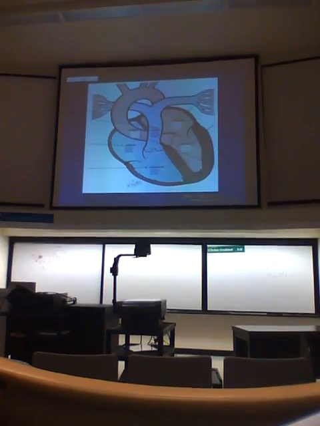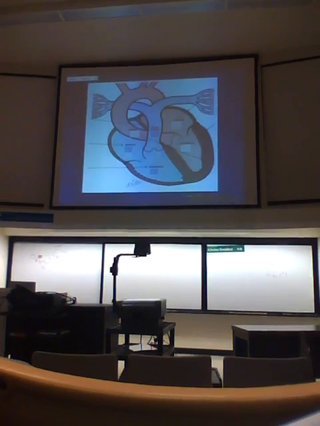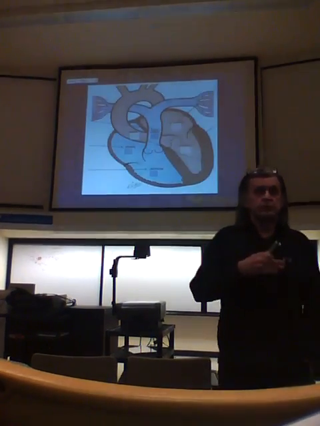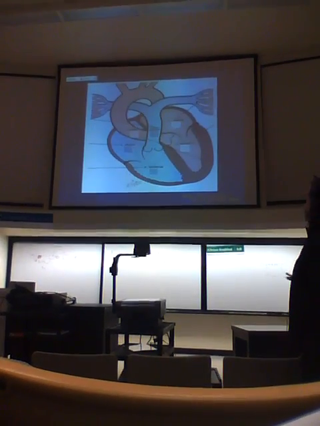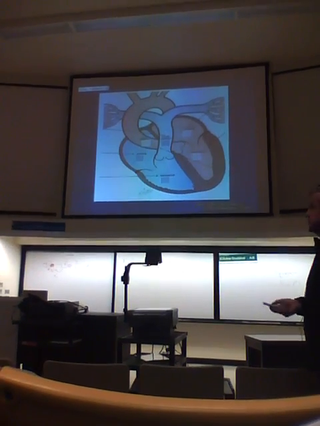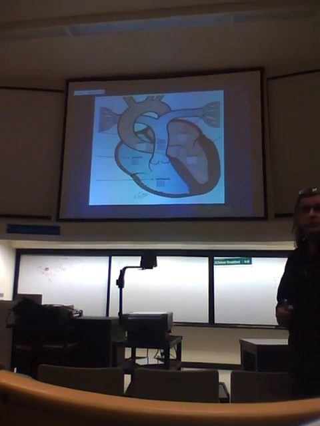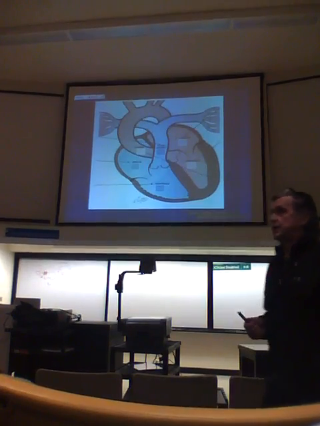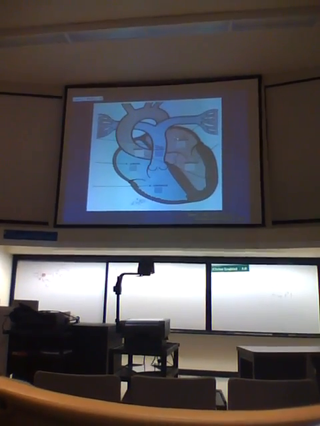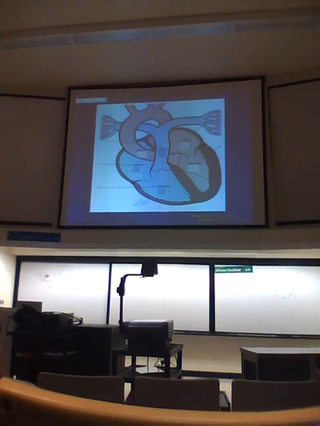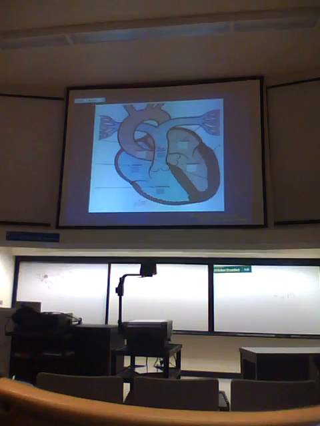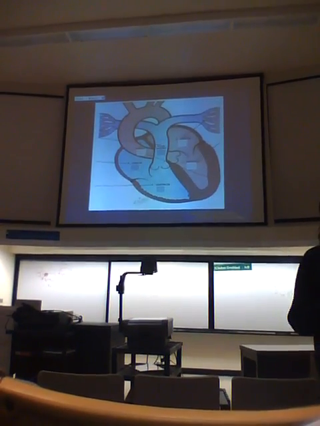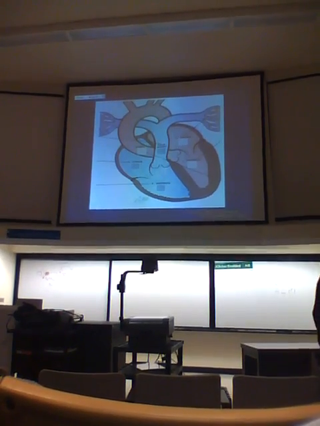Now I know the idea was right atrial pressure, and the point there was in fact what goes in here, since the circulation is in series, this is easy to measure, and it will eventually end up in here and fill the ventricle more completely. That's why it's called right atrial pressure. But really what it is is the pressure in this atrium that determines how completely this guy fills. If this is low, it won't fill very completely. If this is high, it fills more completely. You get more blood in there, you increase stroke volume. That's called preload.